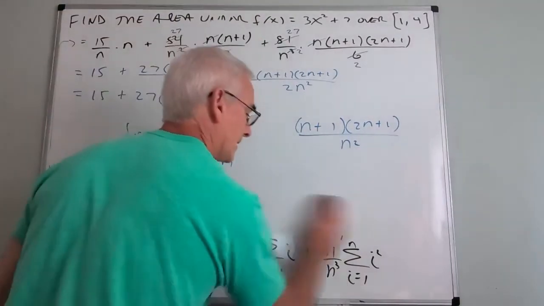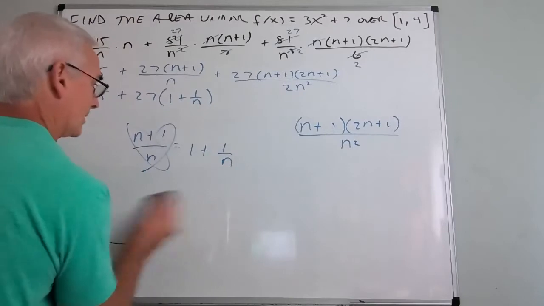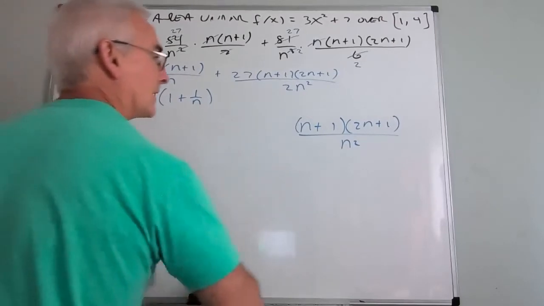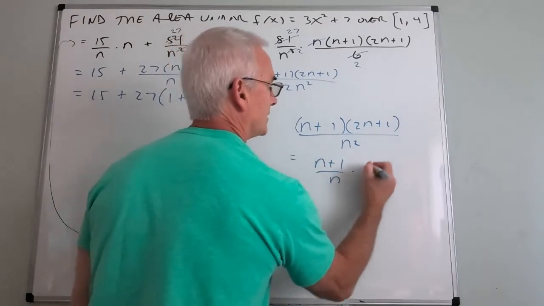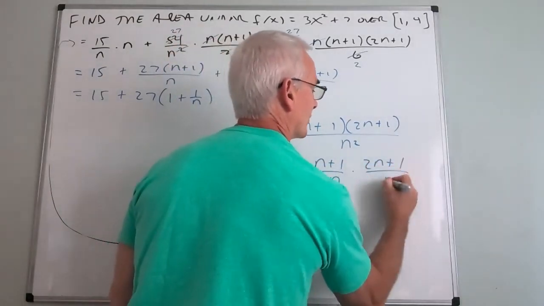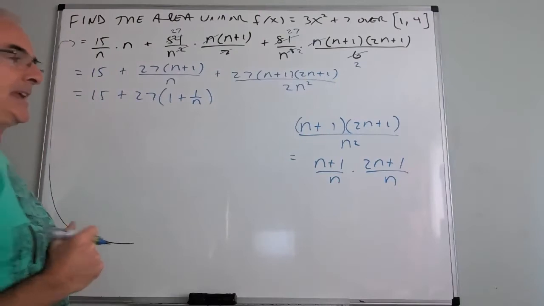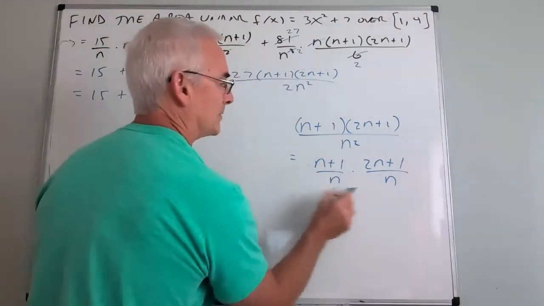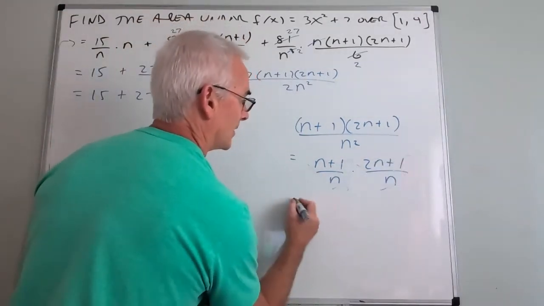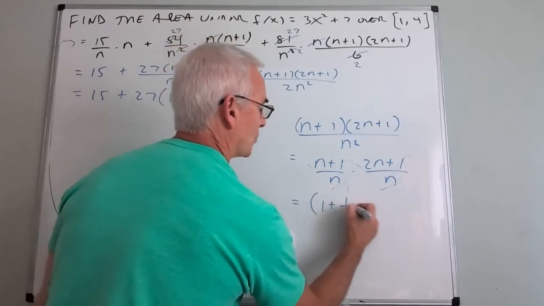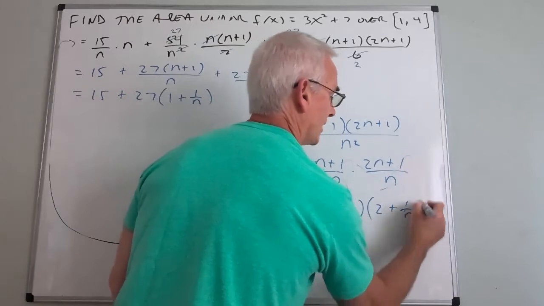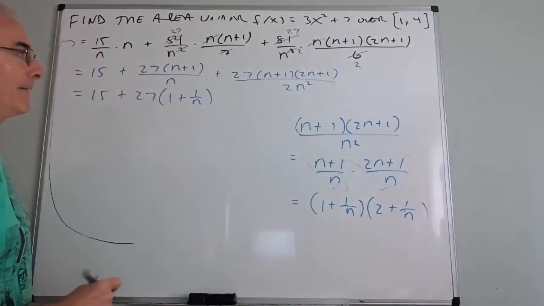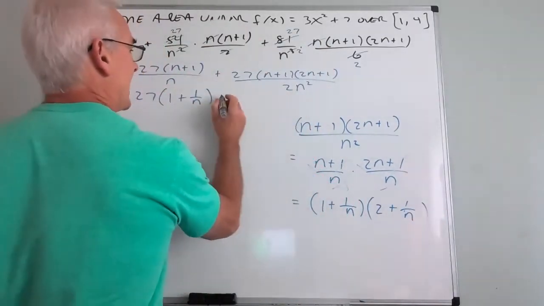Could I first write this as n plus 1 over n times 2n plus 1 over n? I think I can. And then let me do the same thing. Then wouldn't that be 1 plus 1 over n times 2 plus 1 over n? And I had a 27 halves.